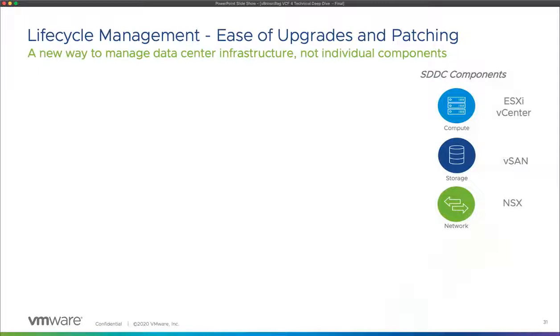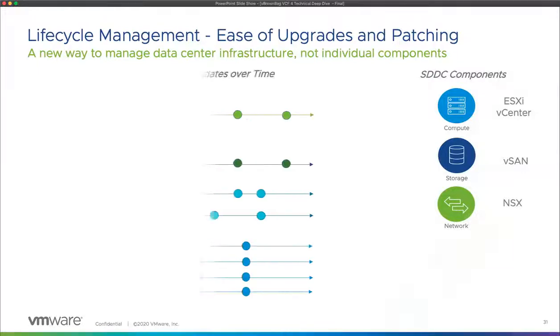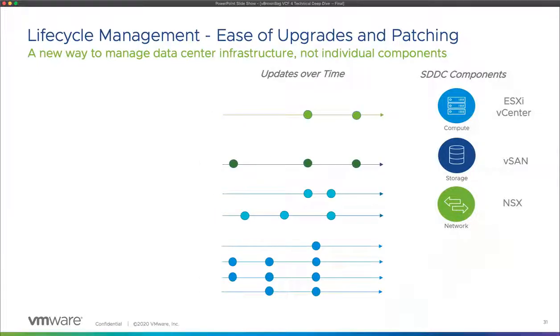One of those being, how do I look at all the patches that are released and updates over time? Where are the dependencies, and where is my yellow brick road from that aspect of which way do I need to apply my updates to ensure that I'm always staying in a consistent patch state?